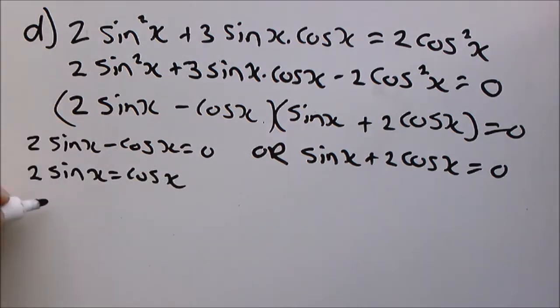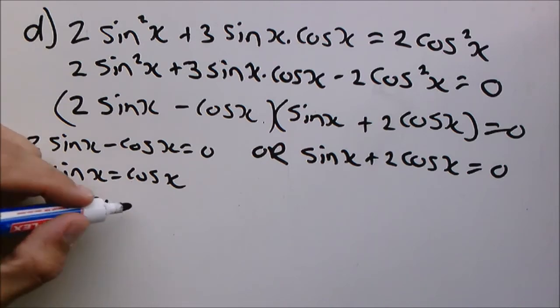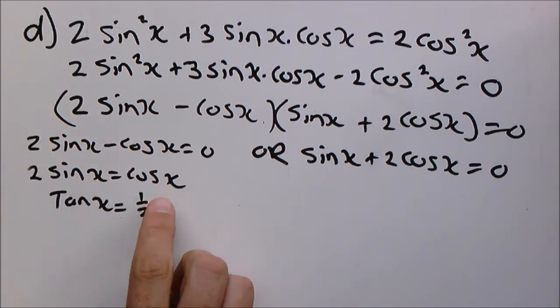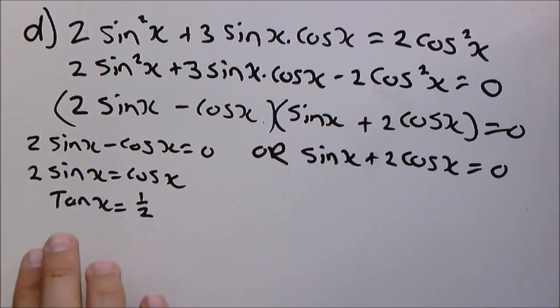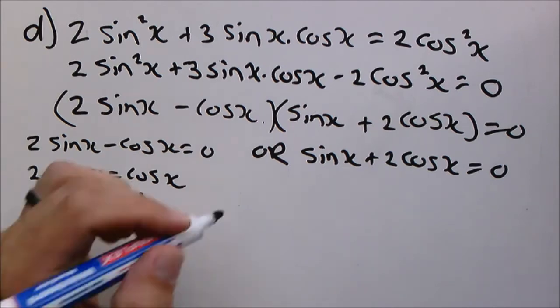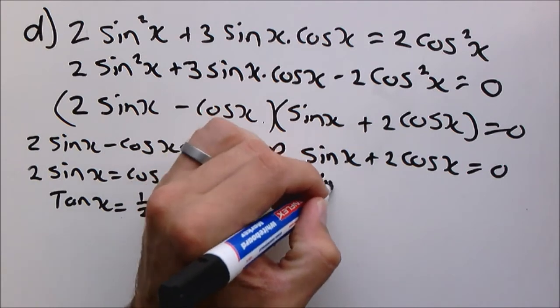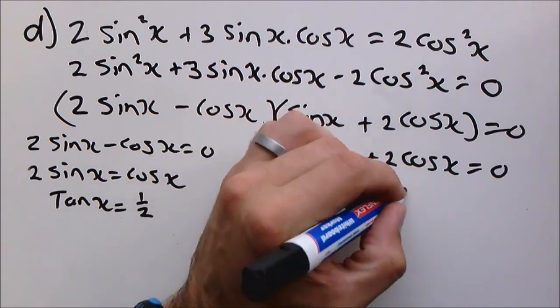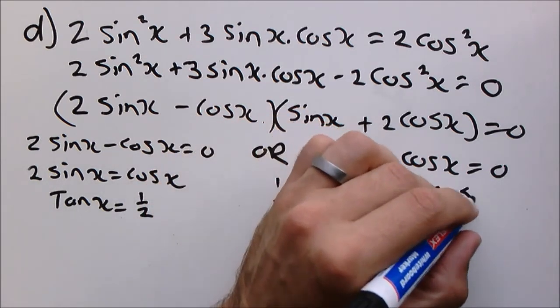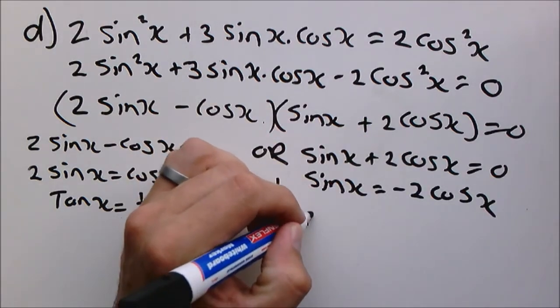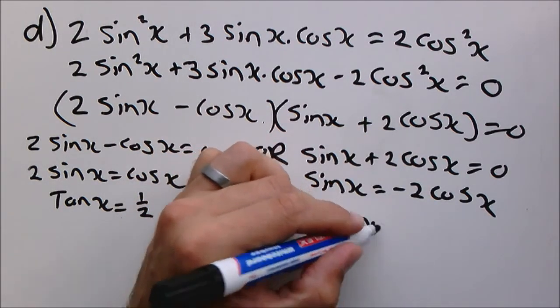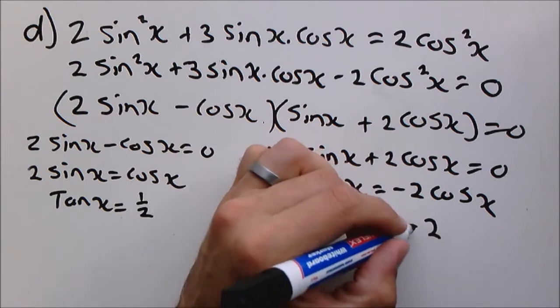You will see we will end up with tan x equals a half because we divided by cos x and by 2 on both sides, which gave us that. And then over here, sine x equals minus 2 cos x, so that will end up as tan x equals negative 2.